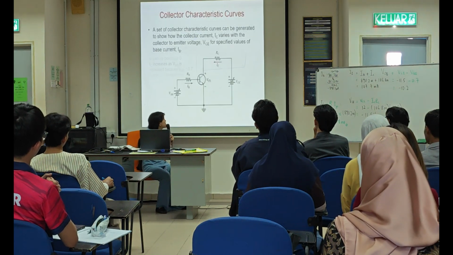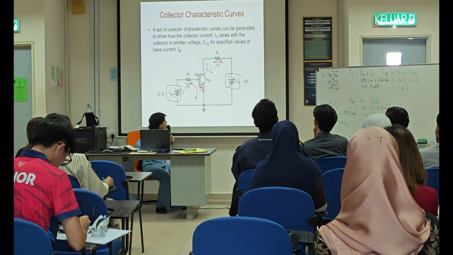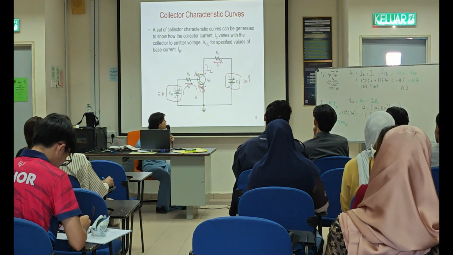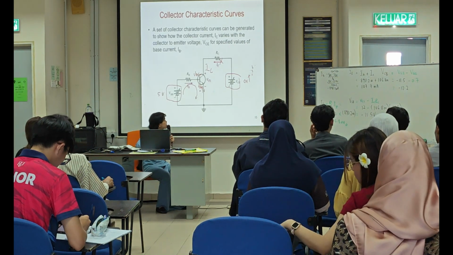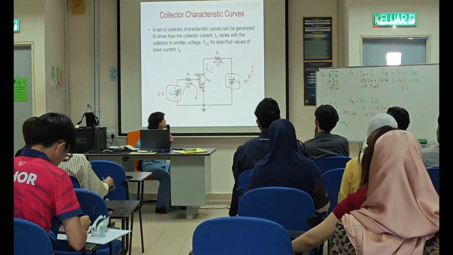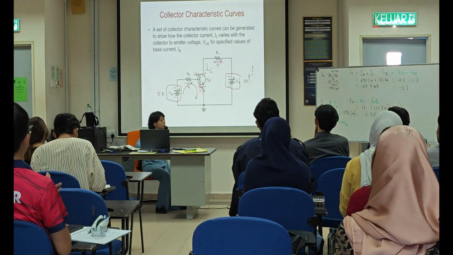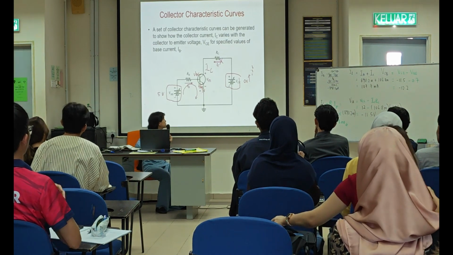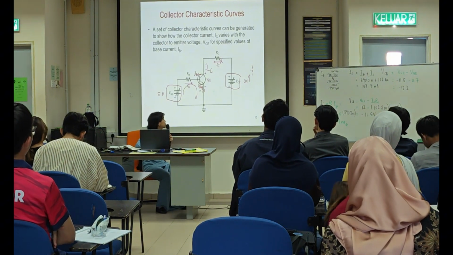Slowly I increase this one. I put 1 volt, 2 volt, 3 volt, until 5, from 0, 0.1, 0.2, until more than 0.7. More than 0.7, right?